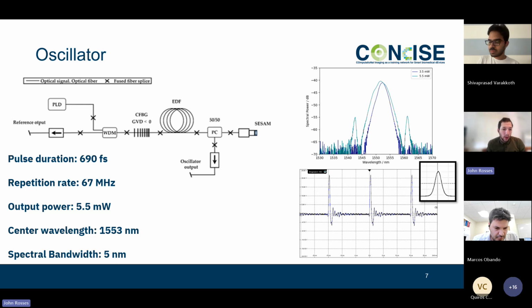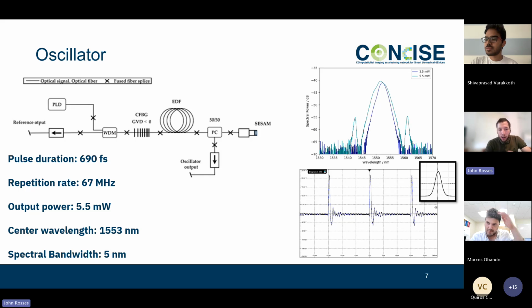So the oscillator, in this project we also use a factory product configuration, because it's like the house-made configuration in Fila. And we have these parameters: pulse duration of around 750 femtoseconds, a pulse repetition rate of 67 megahertz, an output power of 5.5 milliwatts, and the center wavelength is around 1.5 micrometers.